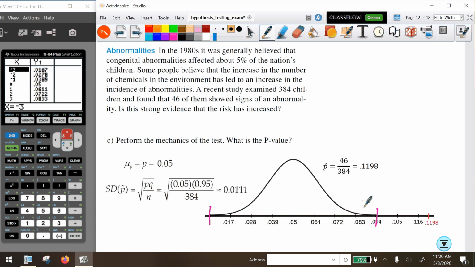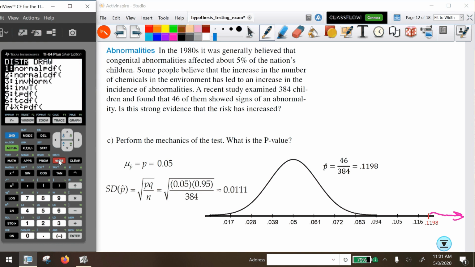99.7% of all of the possibilities are contained within 3 standard deviations of the mean. And if we're all the way out here, what's the chances of obtaining a sample proportion that far or even further to the right? Well, to do that, we're going to use the normal CDF. I'm going to go on my calculator here.